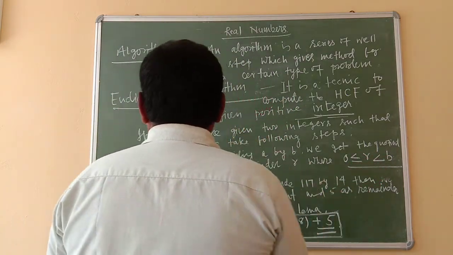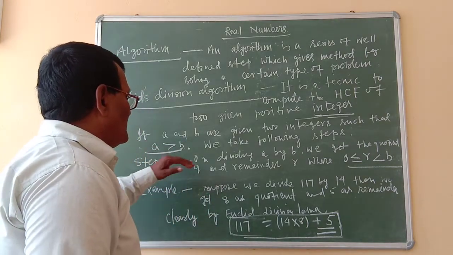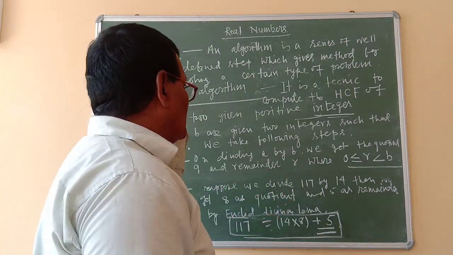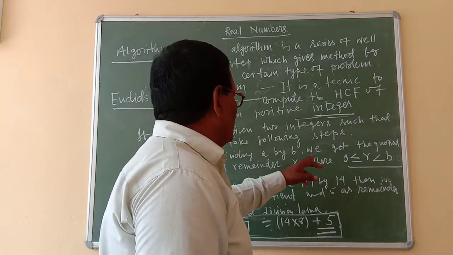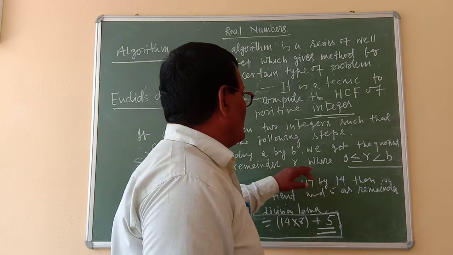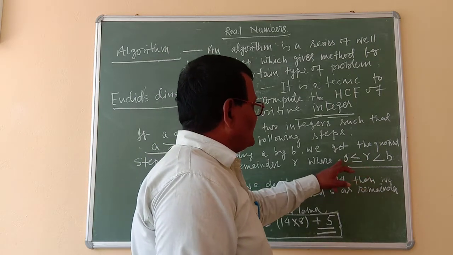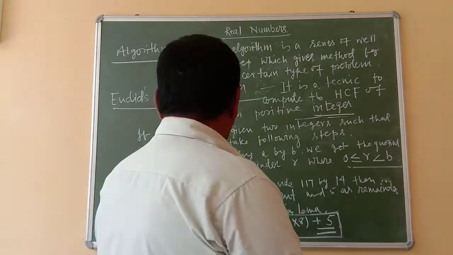In the first step, we divide a by b and we get the quotient q and remainder r, where r is greater than or equal to 0 but less than b.